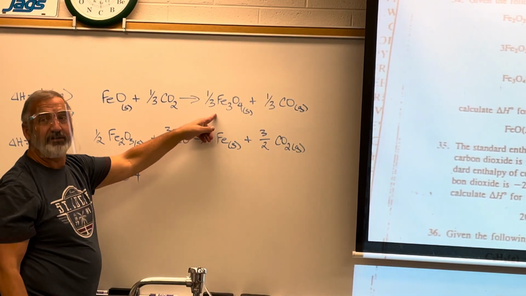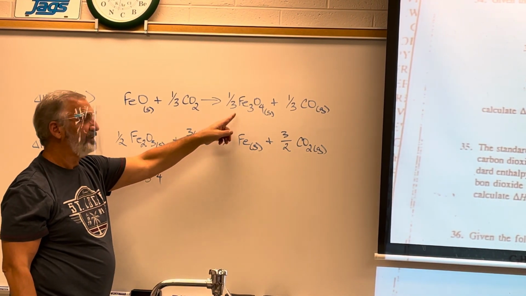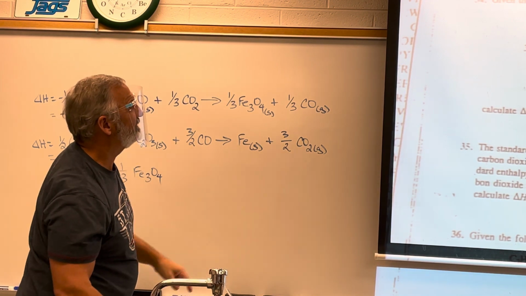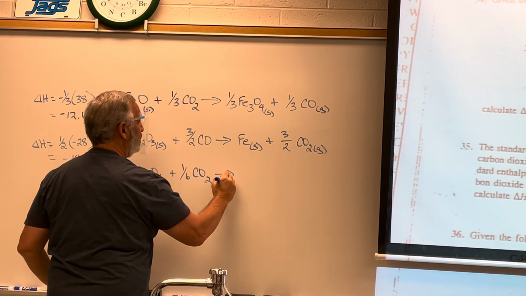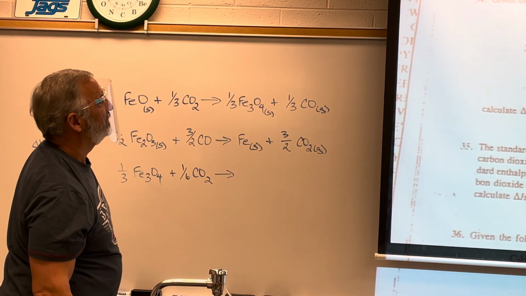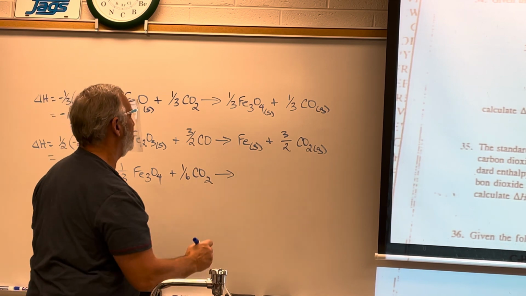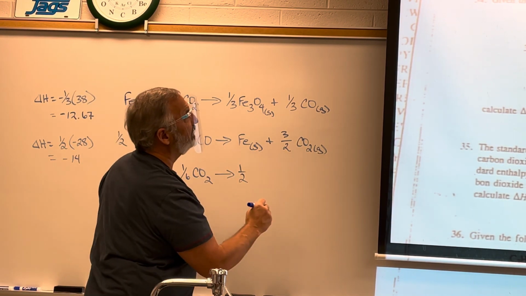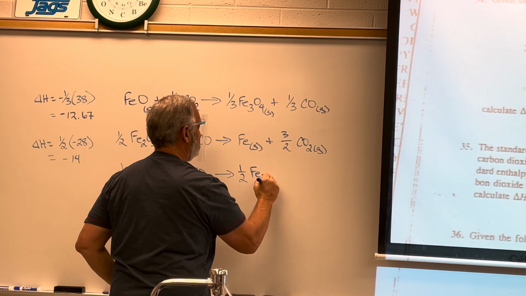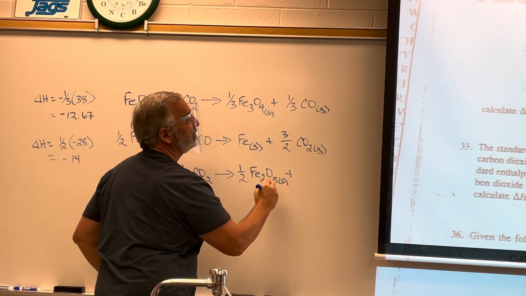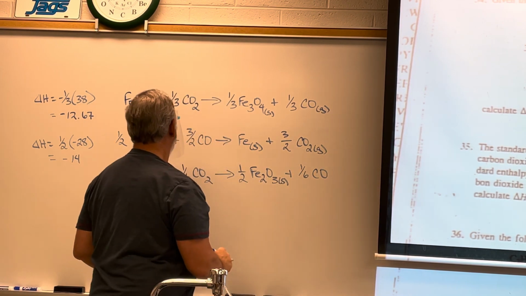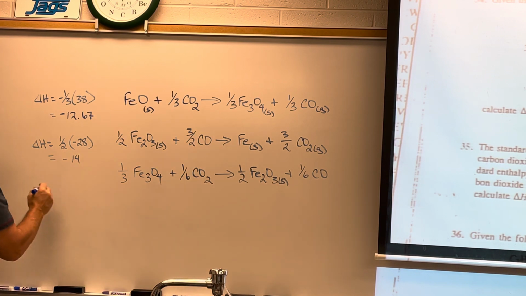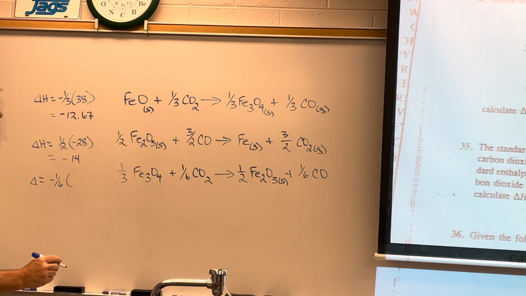Which, look there, I have 1/3 Fe3O4, plus 1/6 CO2, goes to 1/2, 3/6 or 1/2, Fe2O3, plus 1/6 CO. All right, so now I reversed, so delta H is going to equal negative 1/6 times negative 59.